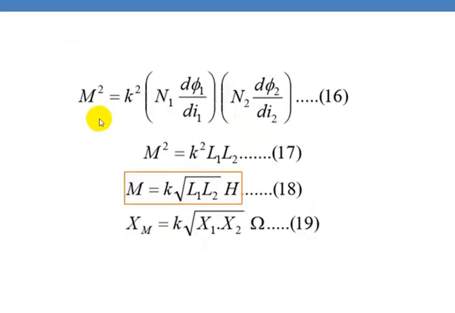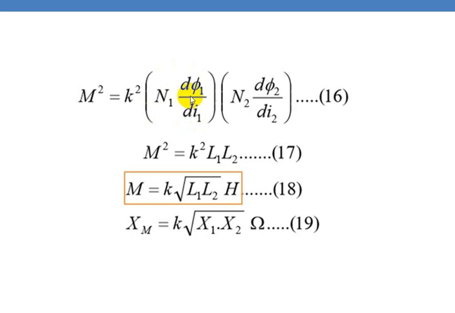Now, therefore, the equation can be written as M square equal to k square into N1 into d phi 1 by di1 into N2 into d phi 2 by di2. If we see this term, this is nothing but the total flux linkage with coil 1 due to its own current, so this is nothing but self-inductance.